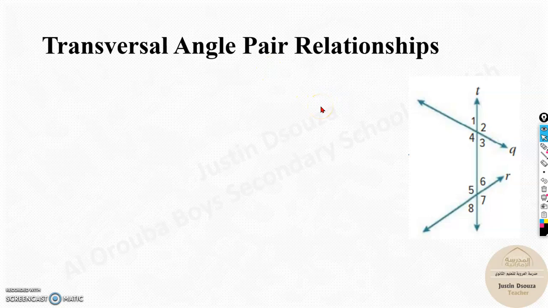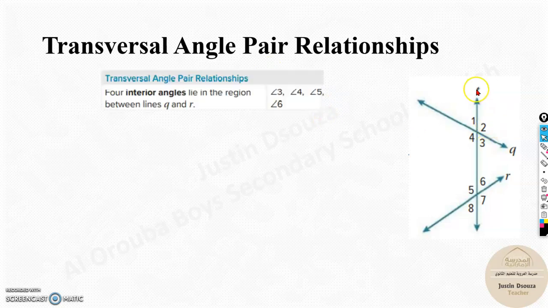Now this is very crucial because when a transversal cuts two lines, different angles are formed and they are given separate names. Let's see all the angles. Interior angles. Now you can see this is the transversal. These are the two lines that are being intersected.